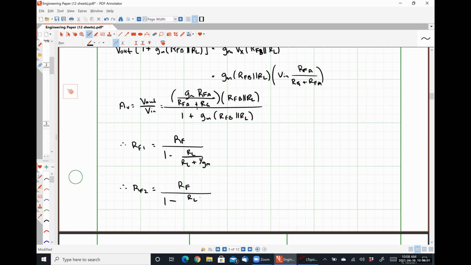So that's going to be RL plus 1 over GM divided by RL, which is going to turn out to be GM times RL times RF. Yeah, no. Sorry. A and B. There we go. I apologize.